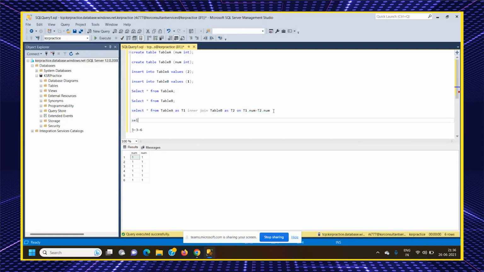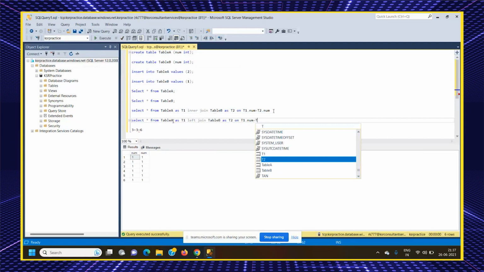Let's see how left join and right join would look. We give aliases and write the join ON these two columns, so we have to match that column: T1.num is the column name, and T2.num is the column name.